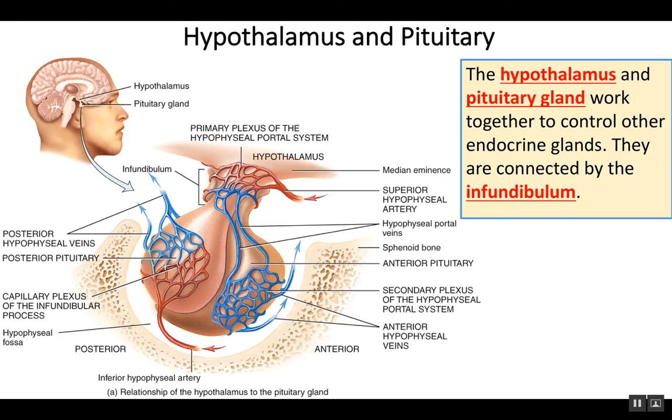In fact, the anterior pituitary gland is more like a gland in that it synthesizes 7 hormones. The posterior pituitary is actually mostly nervous tissue in that there are neurons that originate in the hypothalamus and extend down into the posterior pituitary gland. It's from these neurons that hormones are released into the bloodstream.